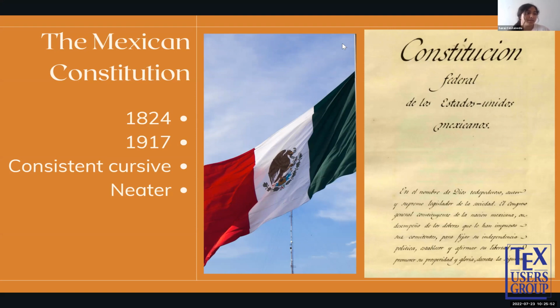And there were people that signed it. The president at the time signed it, and important figures. Separating church and state was really important in their constitution, as they were ruled by Spain.